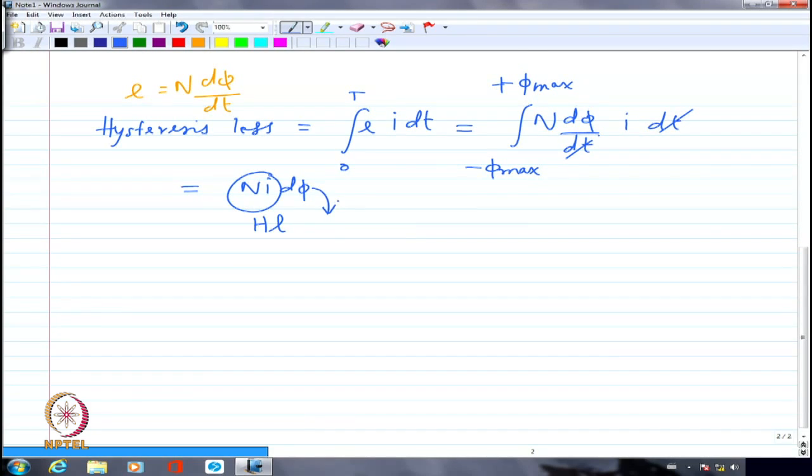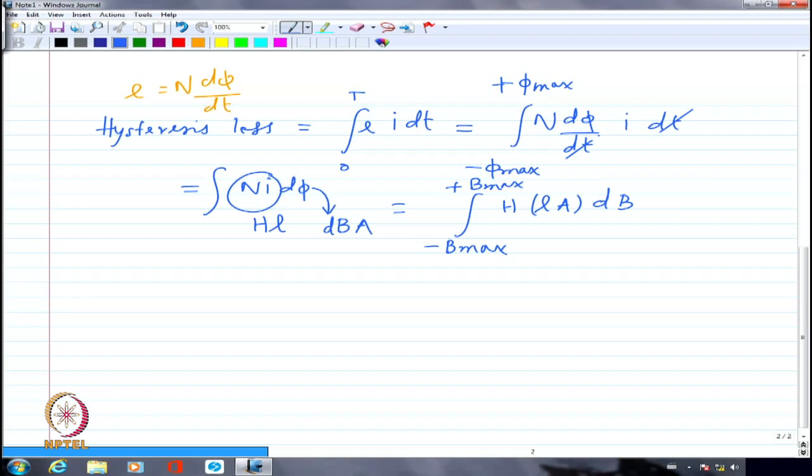Similarly, I can write phi as B multiplied by A, so I can write A times dB. So I'm essentially going to replace this by H times LA multiplied by dB, which means I can integrate it from minus B max to plus B max.